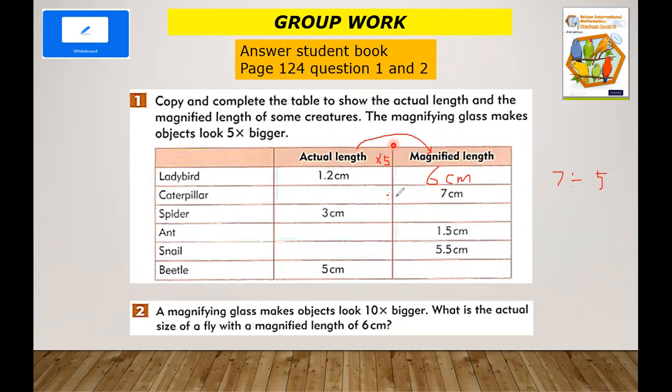How do you do that one? 7 divided by 5 equals 1.4. So if you multiply 1.4 times 5, it gives us 7.